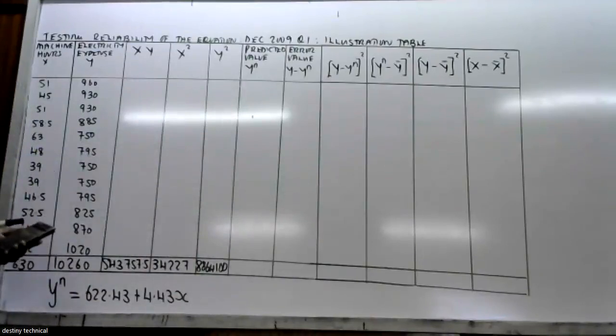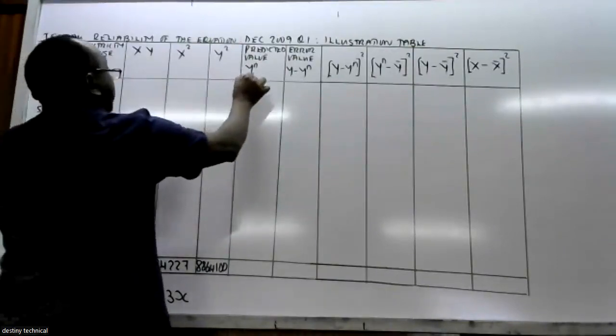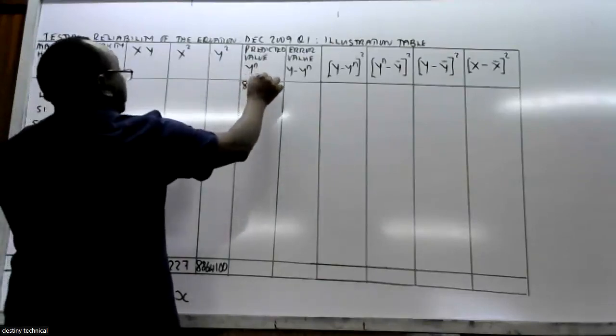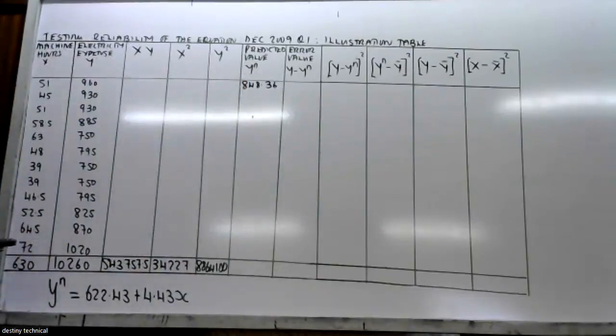Say 622.43 plus 4.43 times this 51 equals, you will get 848.36. Is that right? Yes. Okay, we shall do the same thing. For this next one, we say 622.43 plus 4.43 times 45.